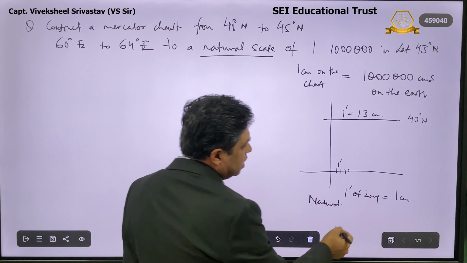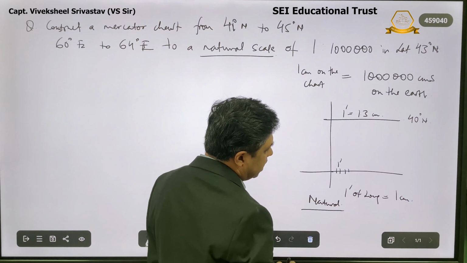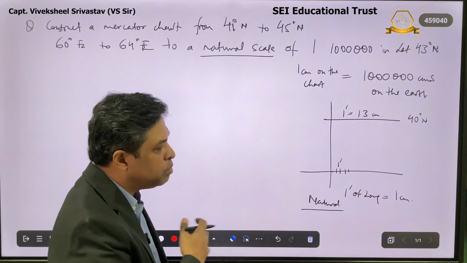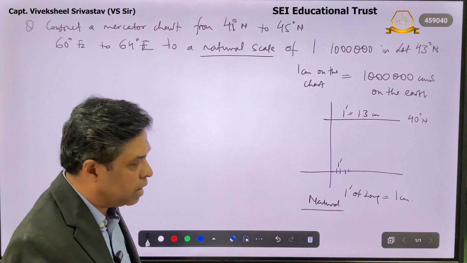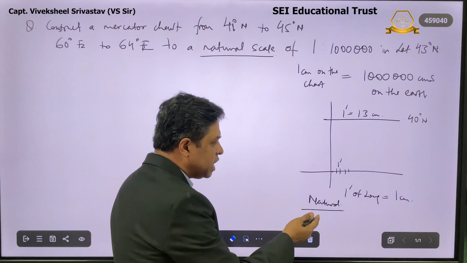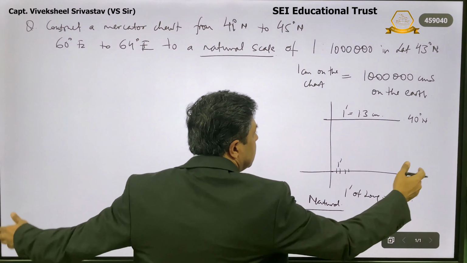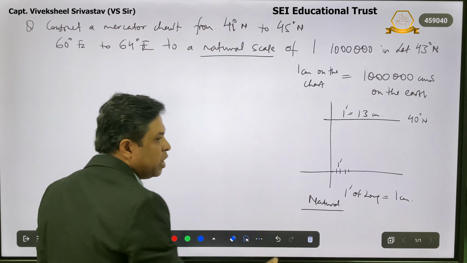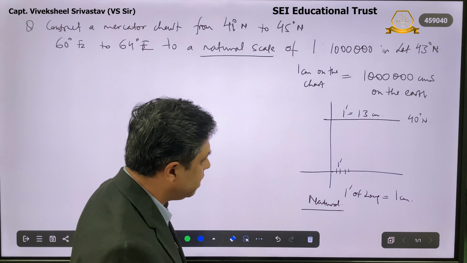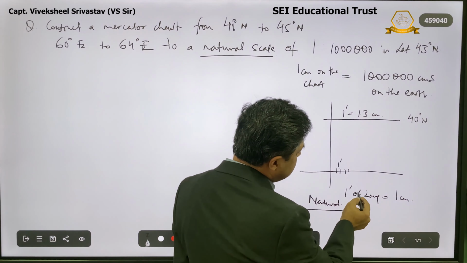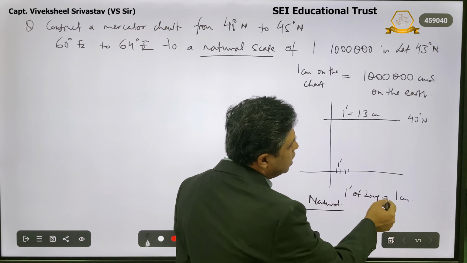Okay, but by assuming a longitude scale, you don't know how big or small or how much area you're going to cover. By having a natural scale, you can figure out what will be the distance between the end points of the chart.